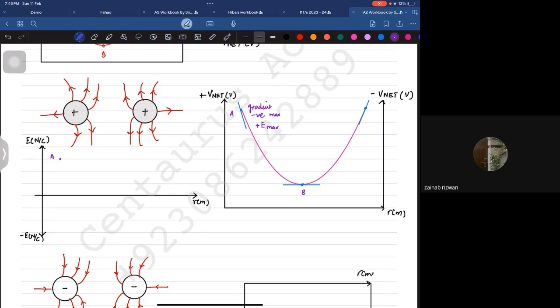Zainab, what does a flat line mean? A horizontal line, Samir and Khadija, basically means that the gradient here is zero. So electric field strength has to be zero. So at this point, B must touch the zero line. Get it?